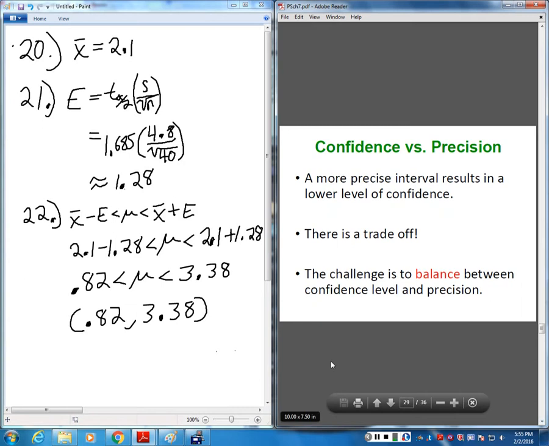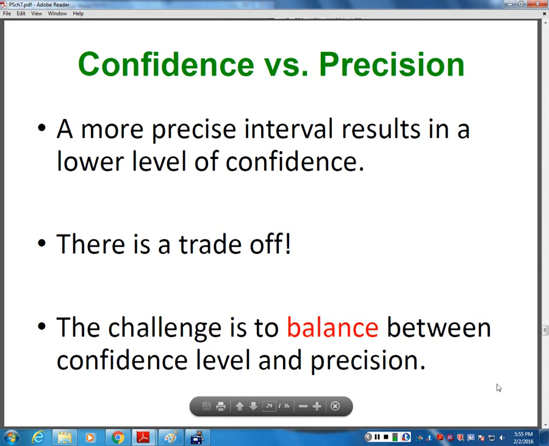See, there's a trade-off in confidence and precision. If you want to be more precise, that means you have a smaller range of data, smaller interval. Well, if you're going to have a smaller interval, then you're going to be less confident because your interval doesn't collect as many data points.